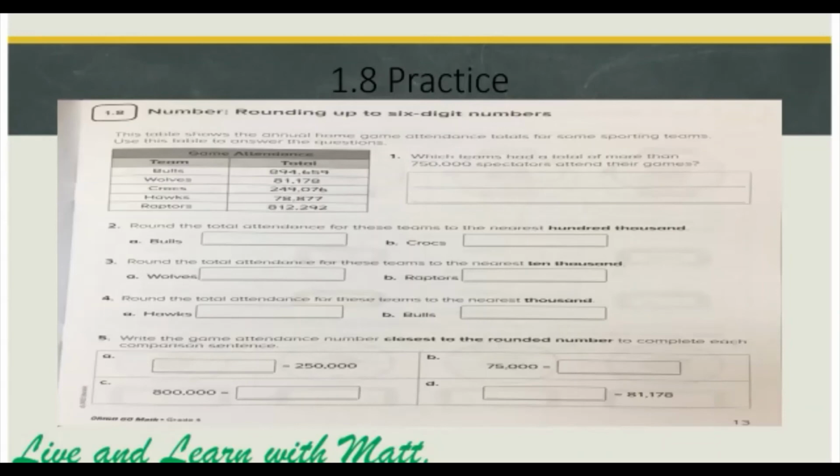Practice 1.8. This table shows the annual home game attendance total for some sporting teams. Use this table to answer the questions. So I'm going to do number 1 for you. Which teams had a total of more than 750,000 spectators attend their games?